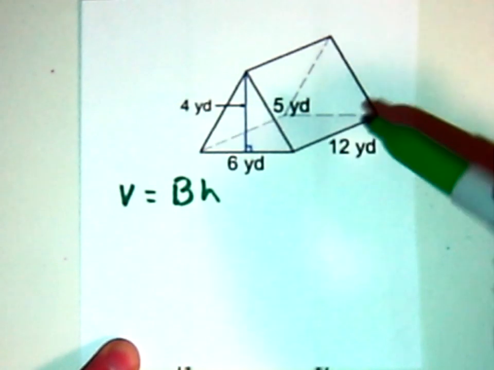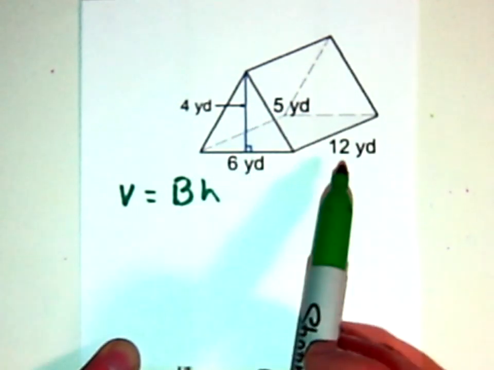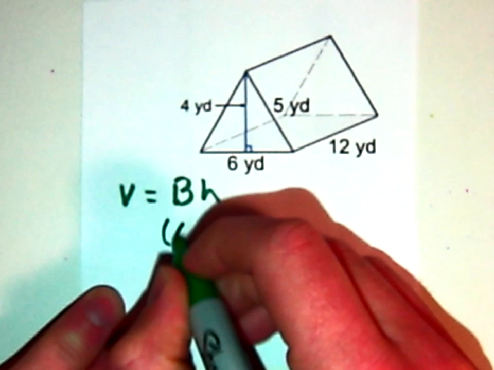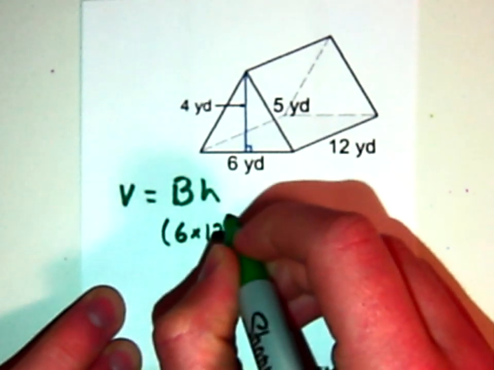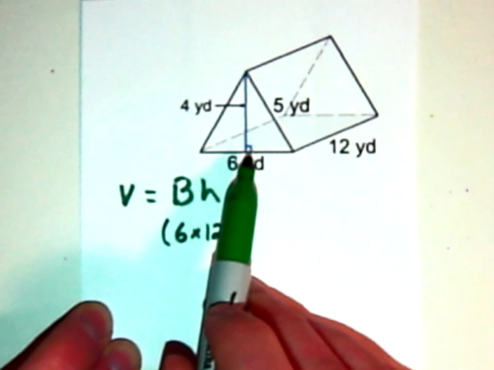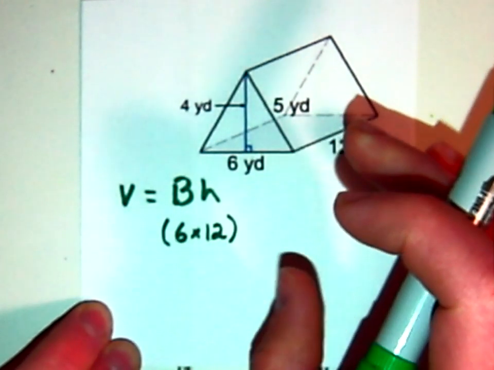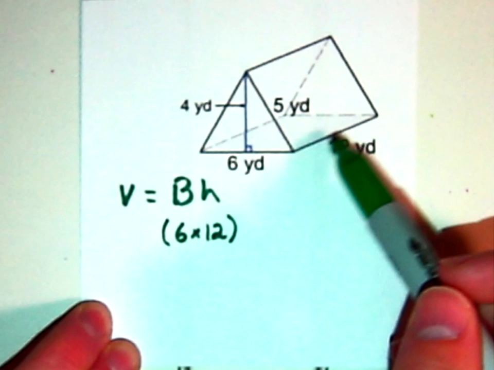So the numbers we look for are that base, 6 by 12, which gives us that capital B variable. And then our height, remember, has to be a right angle with our base. They could turn this shape, shift it around so that it wasn't on the bottom.